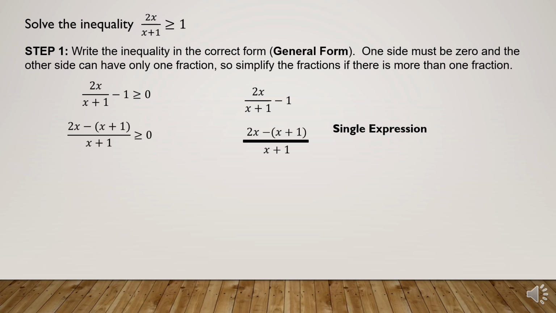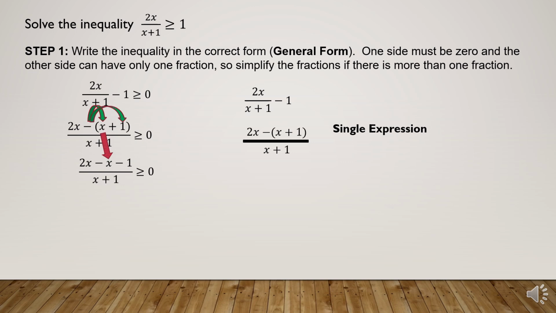So we have now 2x minus (x plus 1) all over x plus 1 is greater than or equal to 0. Now, we will express this as a single expression. But before that, we need to distribute first the negative to the expression x plus 1. Negative times x, negative x.